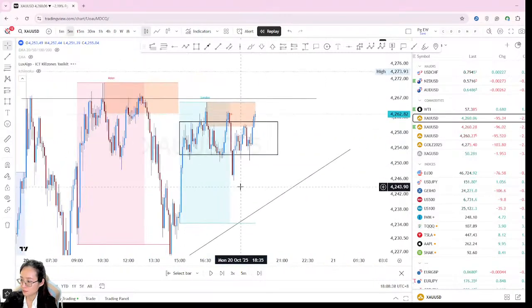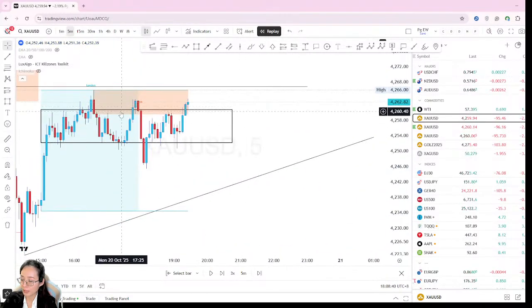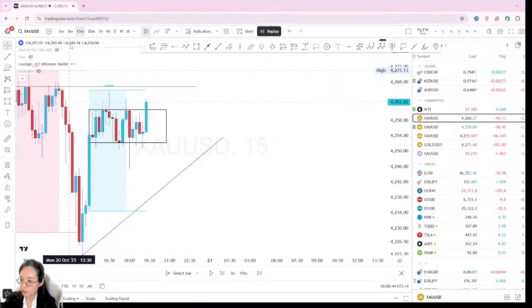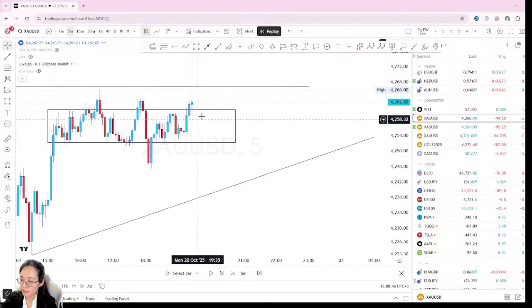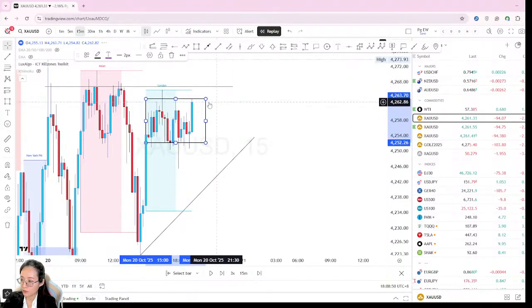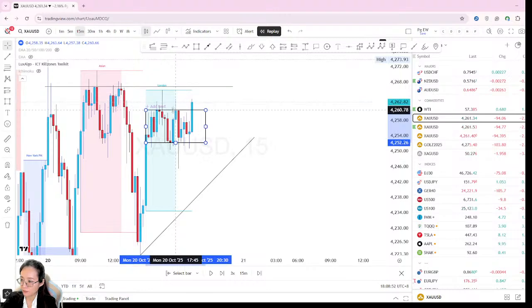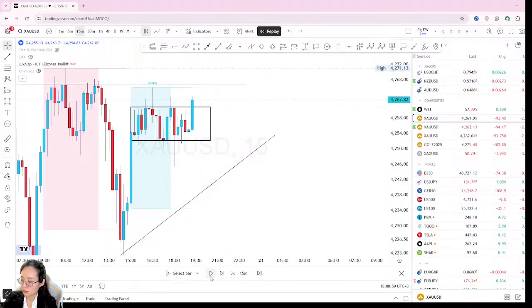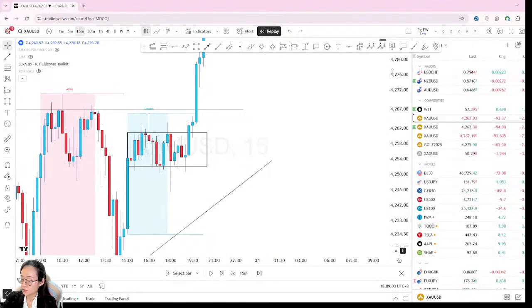No, if you draw on M15, you don't switch, because if you switch, your range is going to be here. Usually I make it on the M15 to look for the breakout, and I draw at the body, not the wick. It's too fast, sorry.